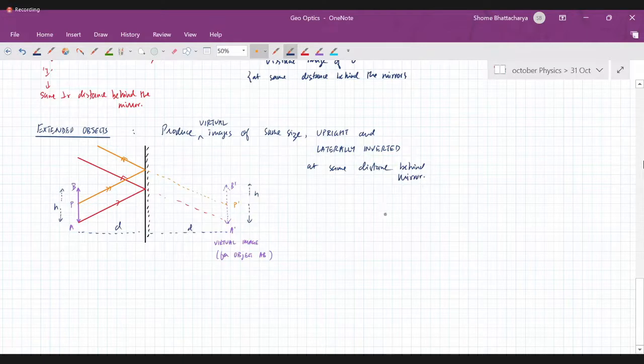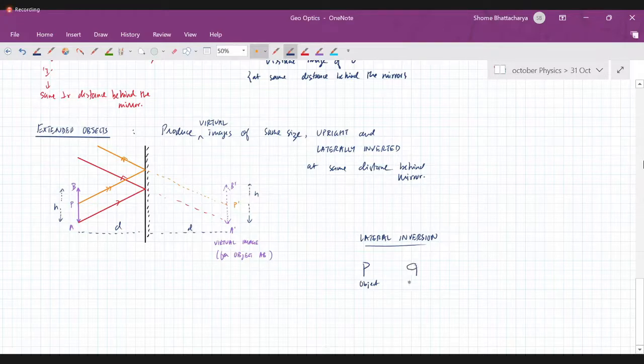Okay, so let's understand what lateral inversion means. If this is the object, then the image will appear to be like this.